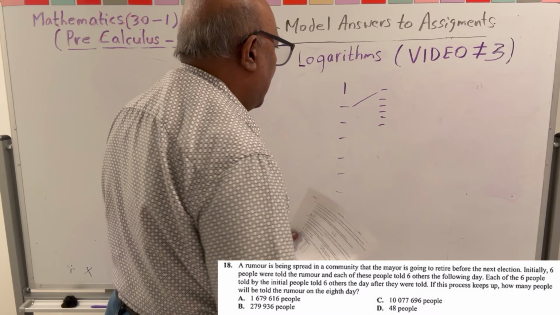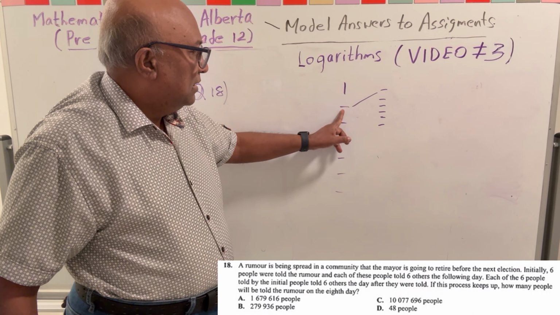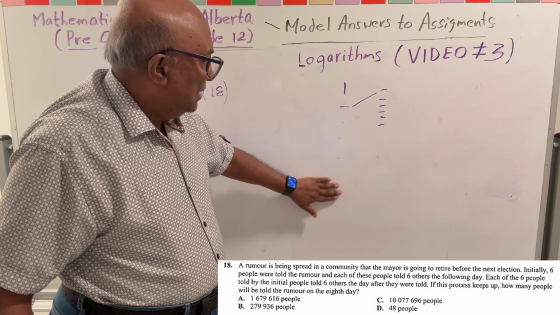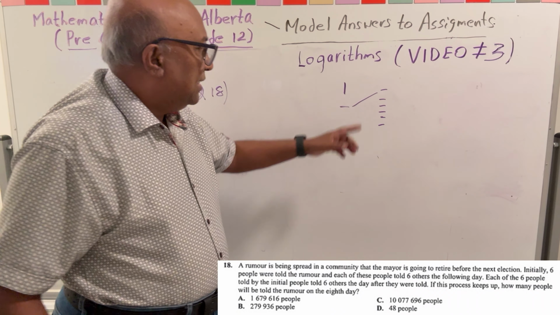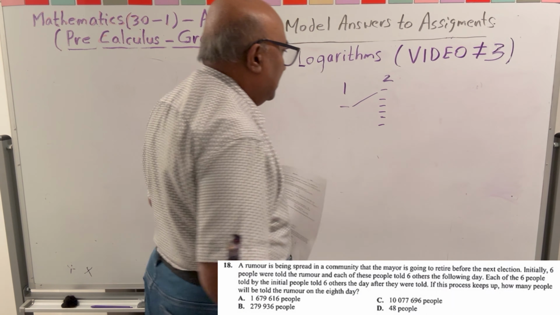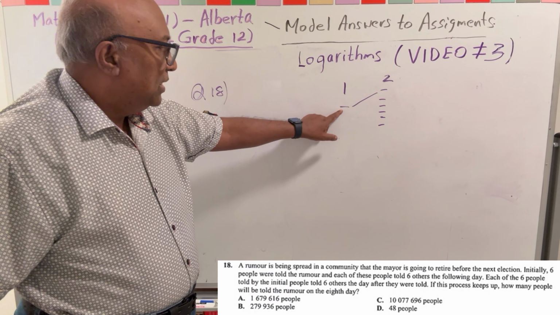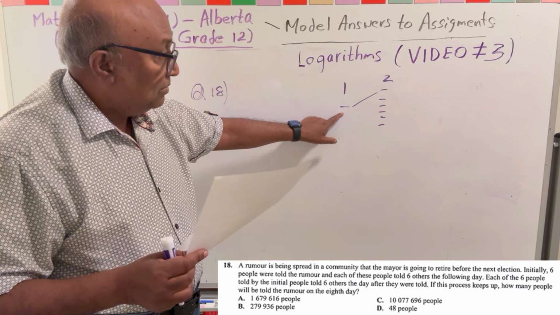That means what is this one now? One person is telling another 6 people. Okay, that is the second day. At the end of the second day, the answer is 6 to the power of... At the end of the first day, 6 others.